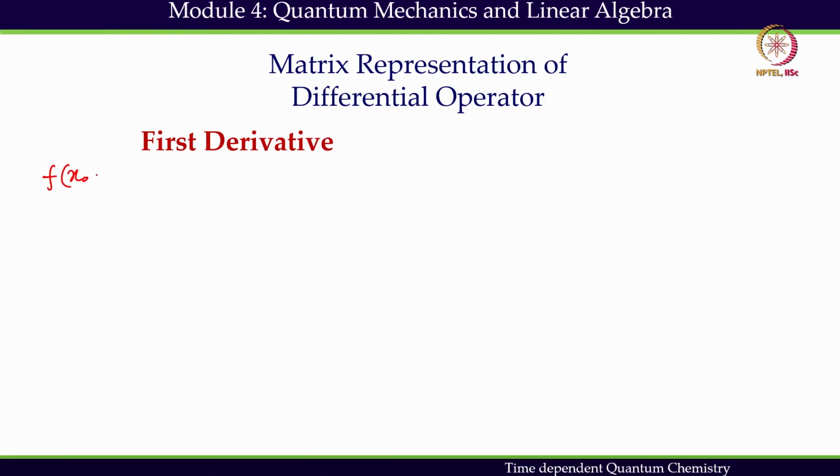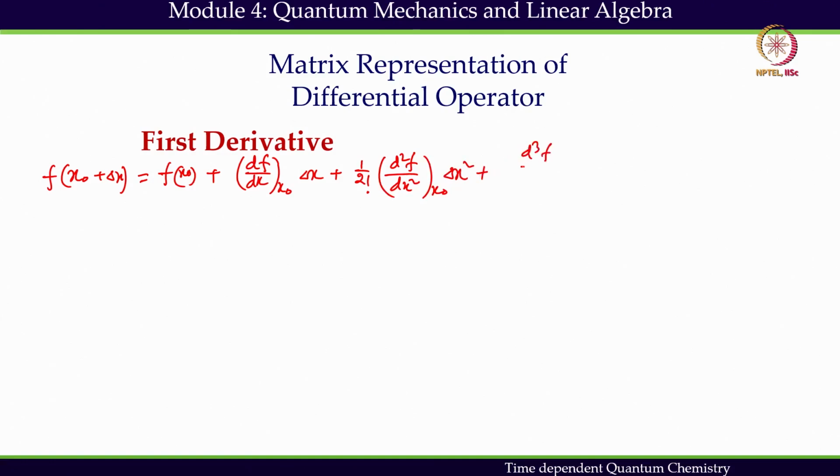I will take the forward difference first, equals f of x naught plus df dx at x naught times delta x plus 1 by 2 factorial d2f dx2 at x naught times delta x square plus d3f dx cube at x naught times delta x cube plus.